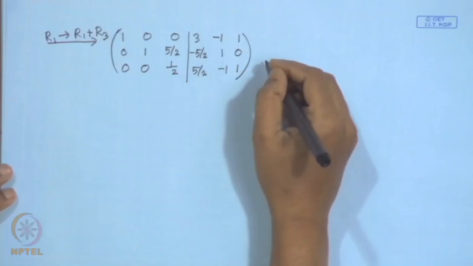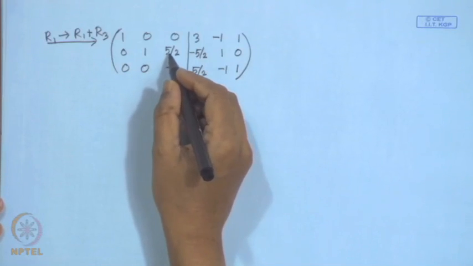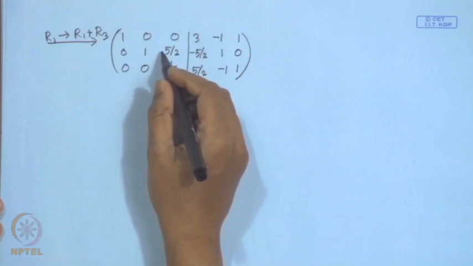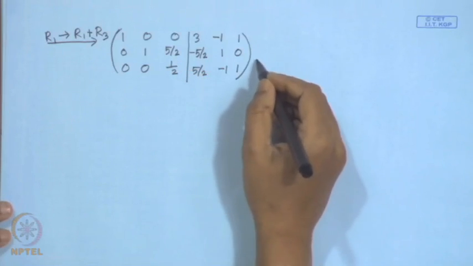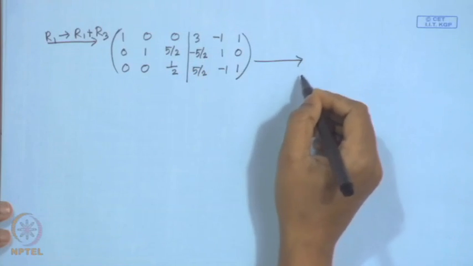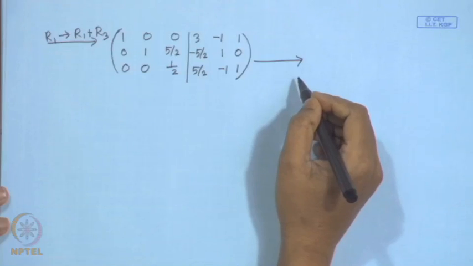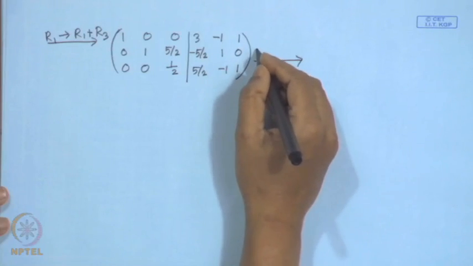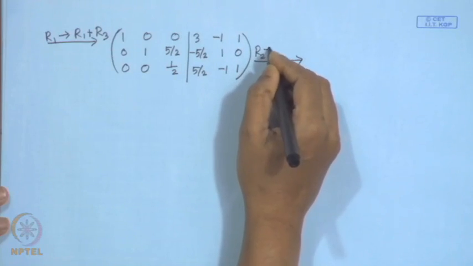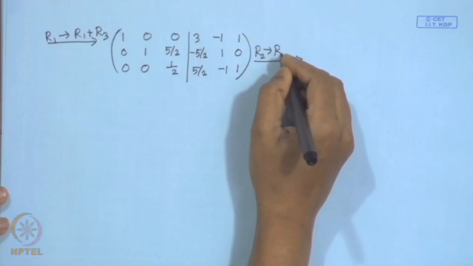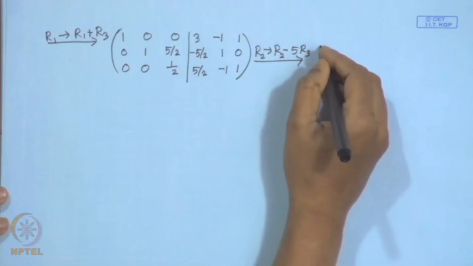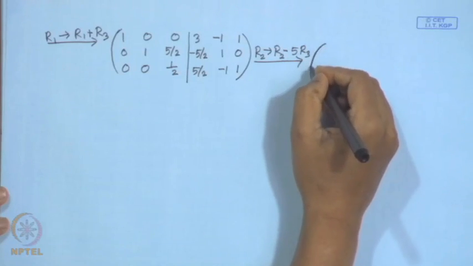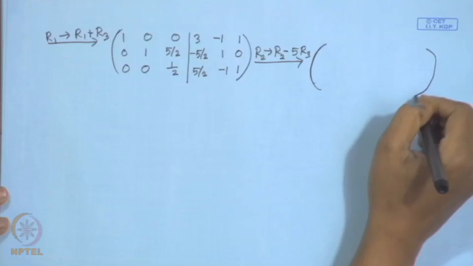So, next we shall make the third entry in the second row equal to 0. So, we apply this elementary row operation that R2 we replace by R2 minus 5 R3 and get the matrix B like this.